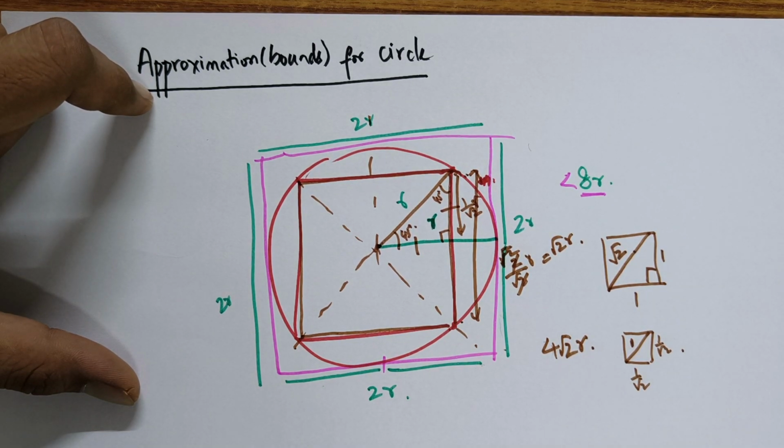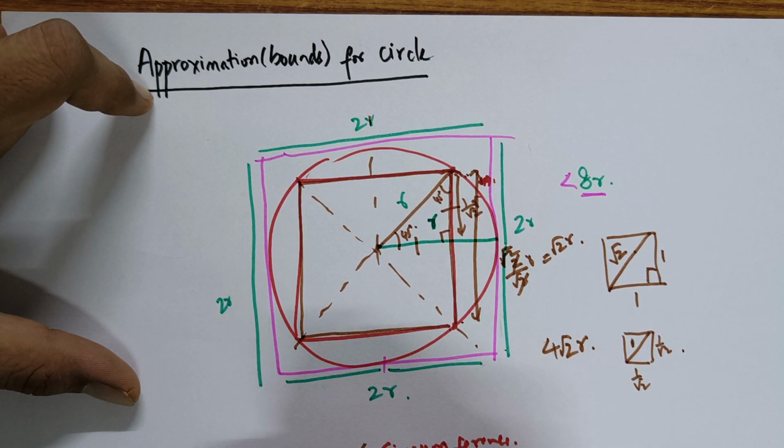So then we know that the circumference is greater than 4 root 2 r.